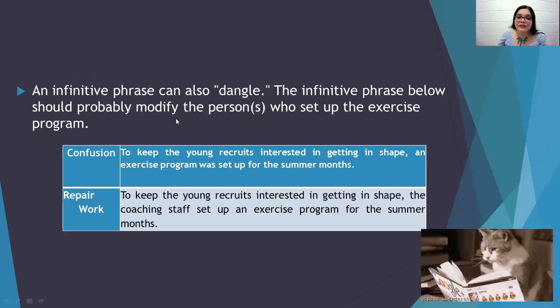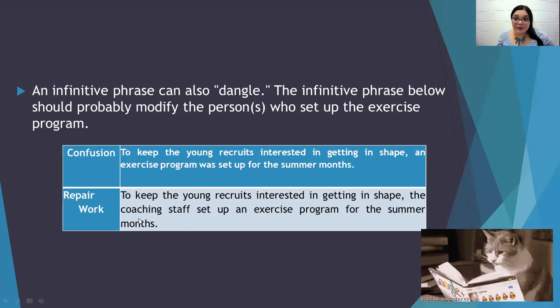An infinitive phrase can also dangle. The infinitive phrase below should probably modify the person who set up the exercise program. Take a look at the example: "To keep the young recruits interested in getting in shape, an exercise program was set up for the summer months."